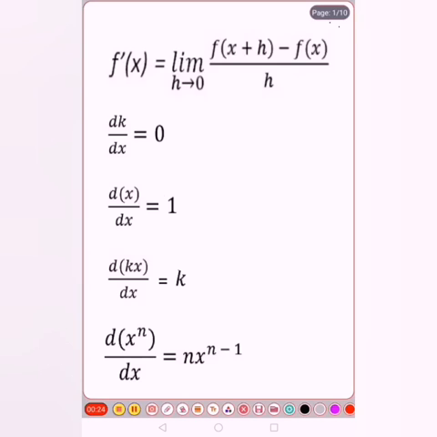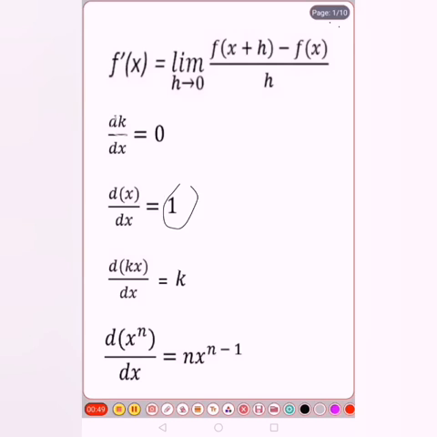Now we will start with the differentiation formulas. d/dx of k, a constant k, is equal to 0. Differentiation of every constant is always 0. Now differentiation of a variable x is 1.